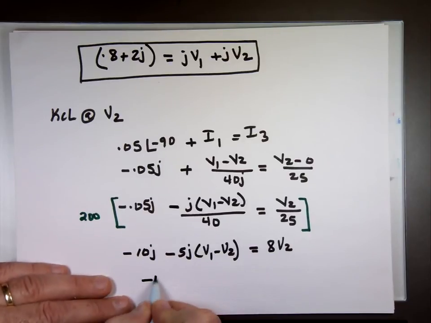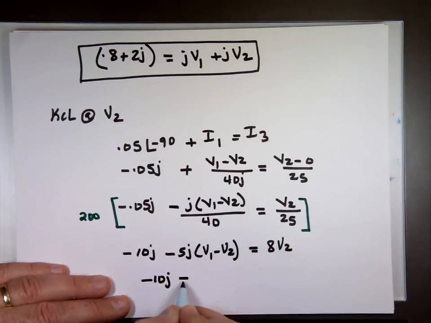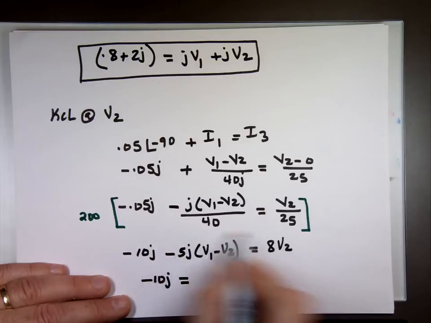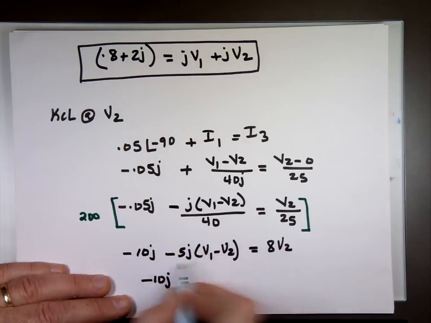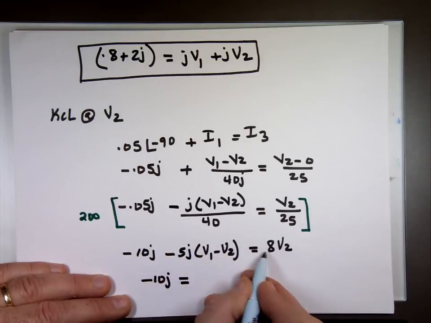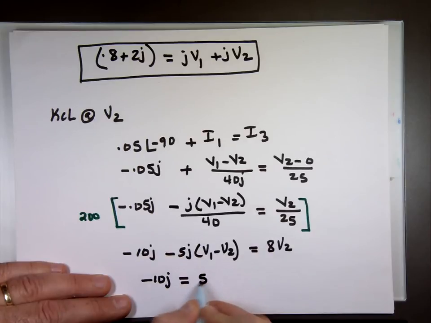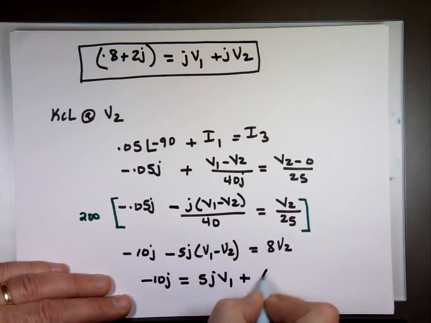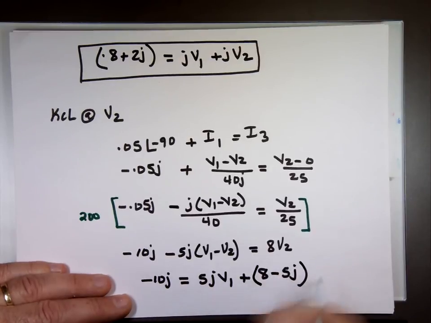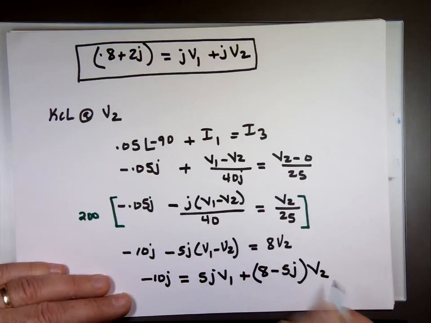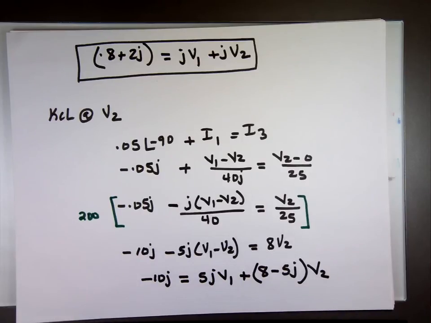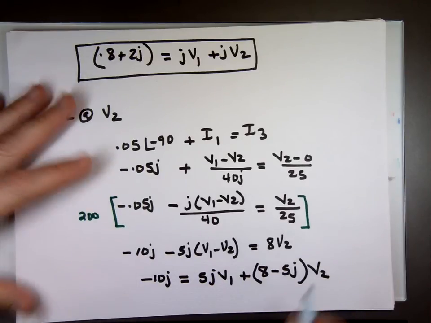Negative 10j equals, when I take this one to this side, it becomes a plus 5j V1 plus 8 minus 5j V2.